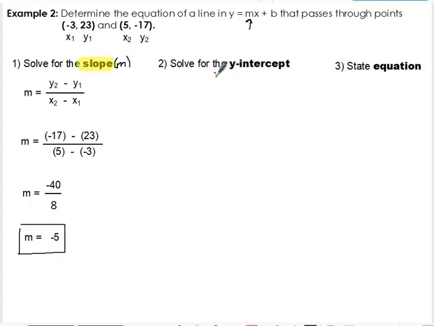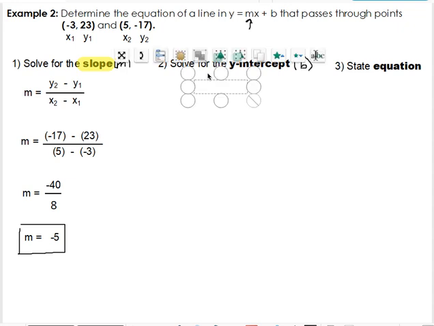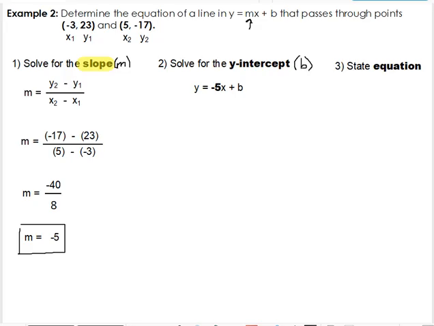Now, using this, we're going to get our y-intercept, which is the b part of y equals mx plus b. We'll do that by first stating our equation of the line so far. Our equation is y equals -5x plus b. In order to solve for b, it has to be the only variable in the whole equation. So we have to fill something in for x and something in for y.